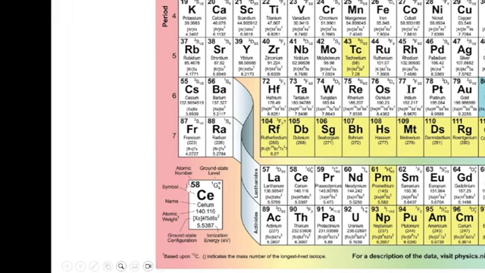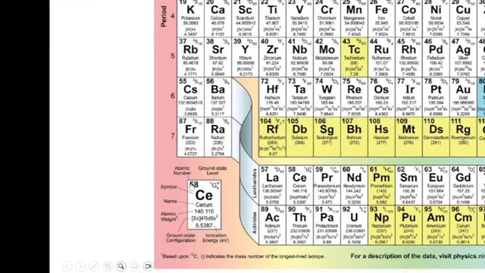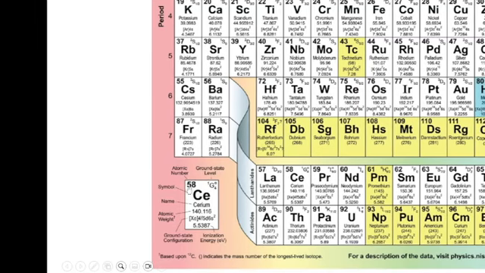So let's have cerium, for example. This part is where we can see the atomic number. Next is the atomic mass, which reflects the average mass of the element's isotopes, and it can be seen right here.